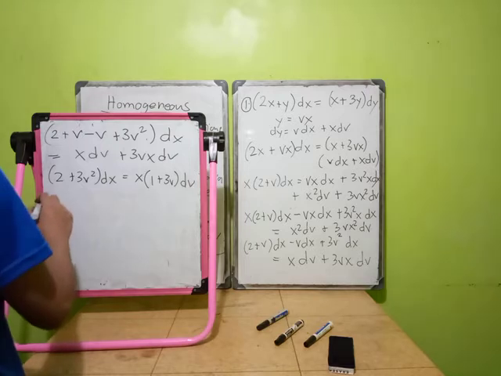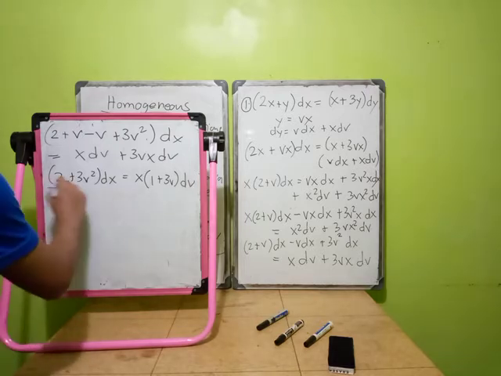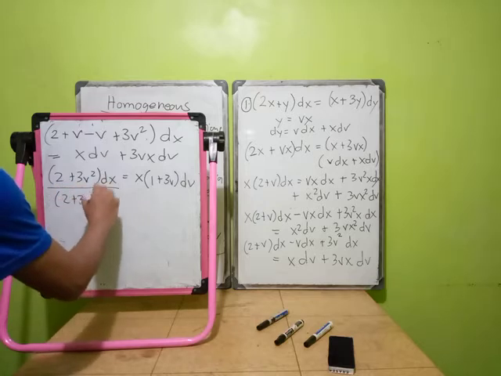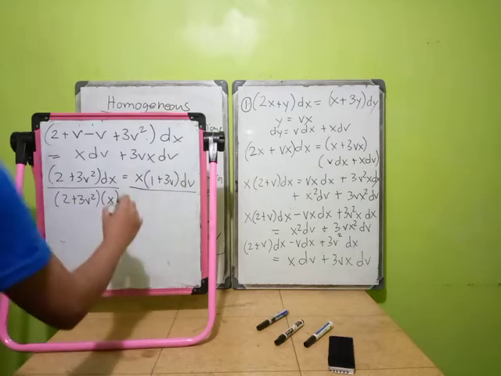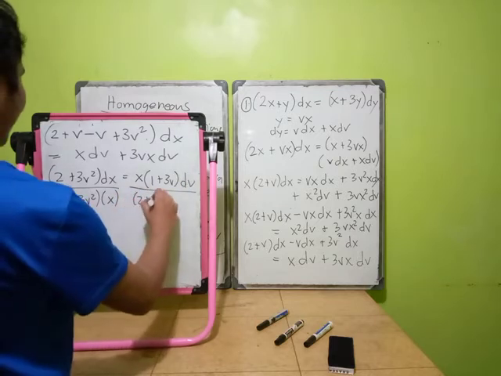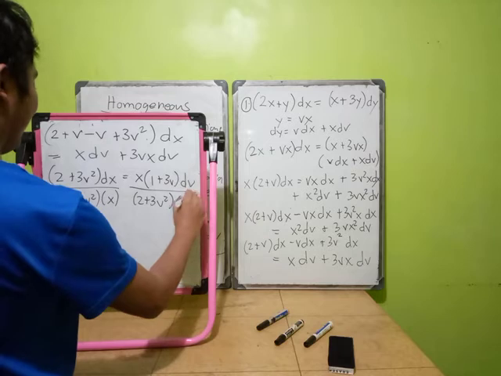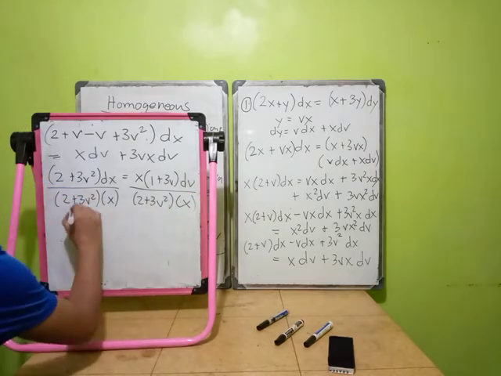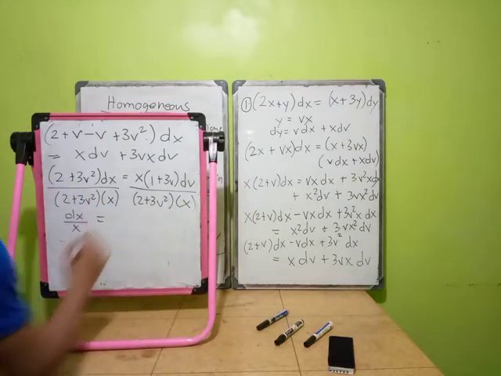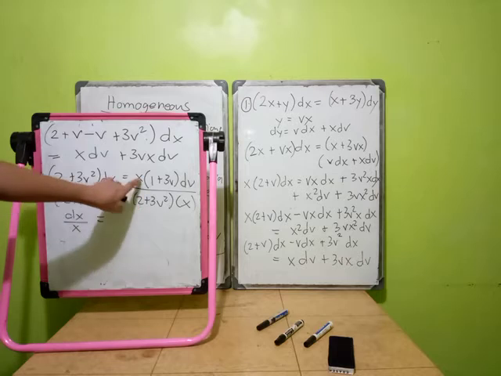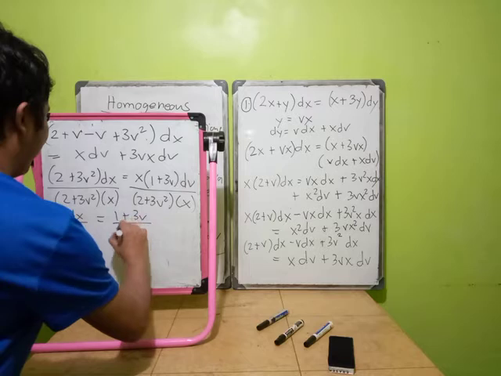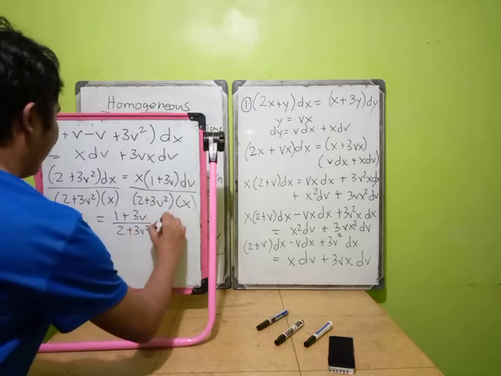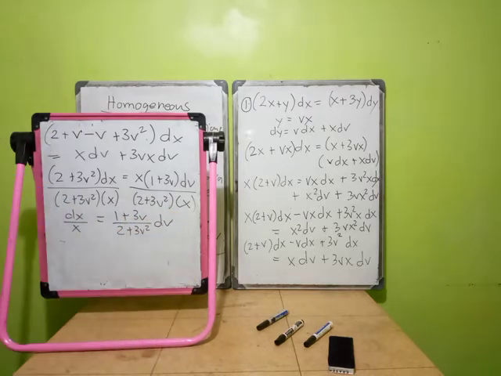So what we can do is we divide it by 2 plus 3v squared, then dito over x. Ito din gagawin ko dito. So therefore mag-cancel out dito, magiging dx over x is equal to 1 plus 3v over 2 plus 3v squared dv. Yan.